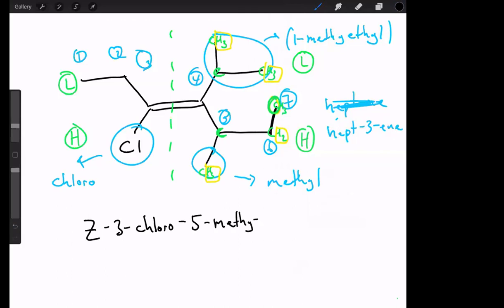Methyl. 5-methyl, 4-(1-methyl ethyl). And then I'm going to put it all together now. Hept-3-ene. So I ran out of room on my screen, but if you would put it all together, then it would all run together as one long name.